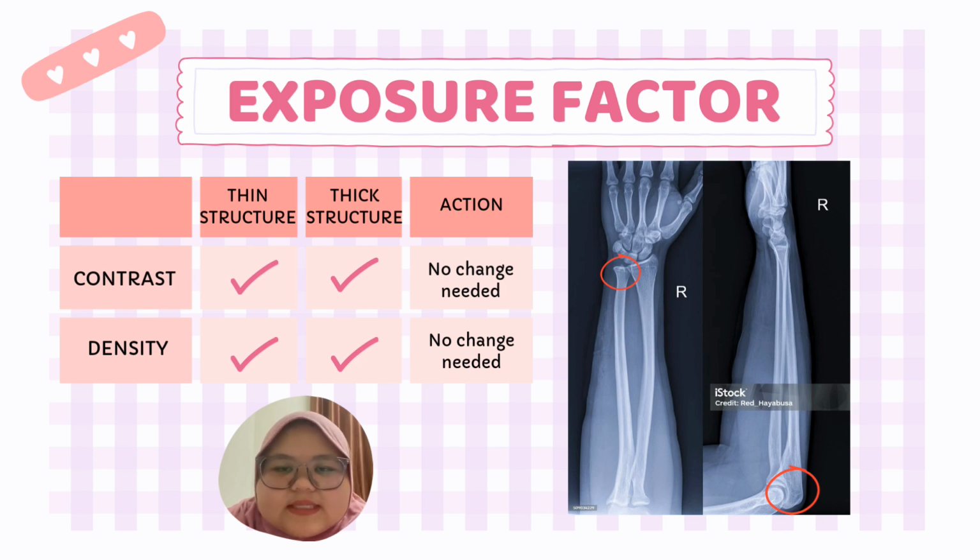For the density, we also can see the bony trabecular pattern of ulnar styloid and olecranon process. So, we can assume that both kVp and mAs were given adequately and do not have to change anything.